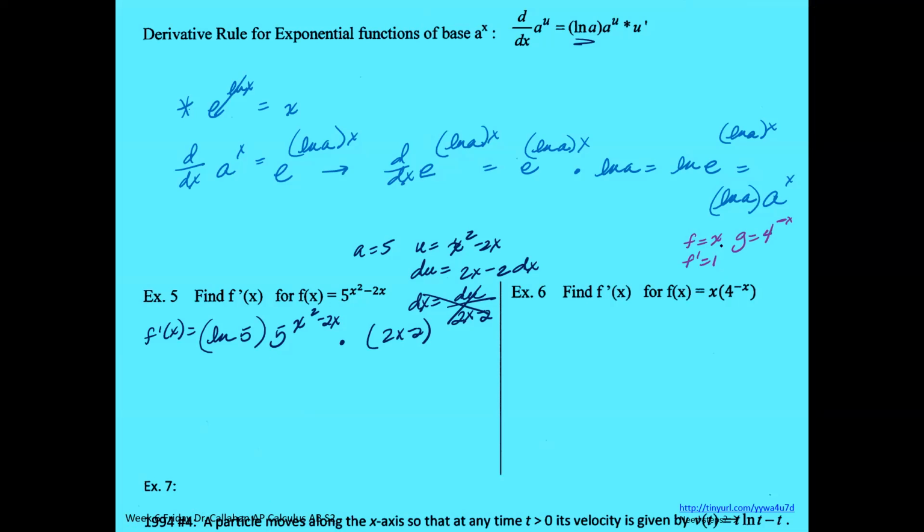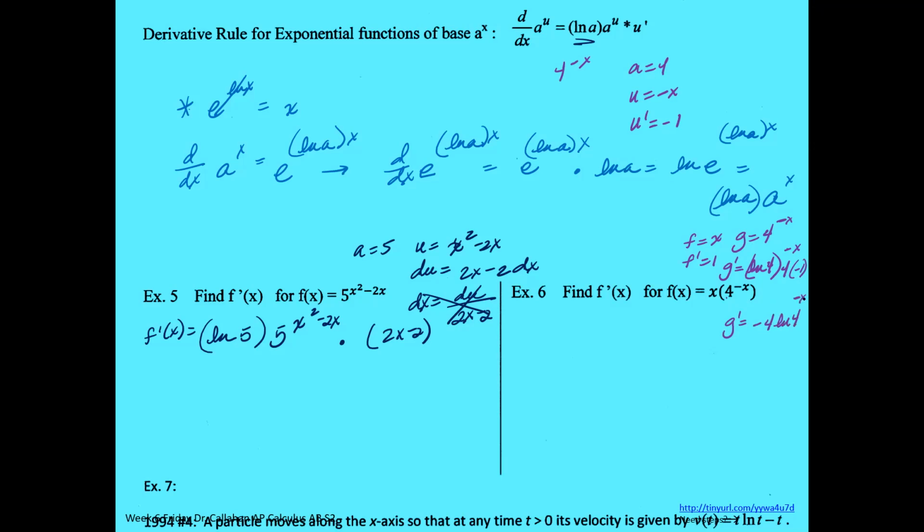So then your g prime is going to be a little bit longer in this situation, because if I compare this 4 to the negative x with this derivative, a is 4, u is negative x, u prime is negative 1, so the derivative is ln a, which is ln 4, times a to the u, which is 4 to the negative x, times u prime, which is negative 1.